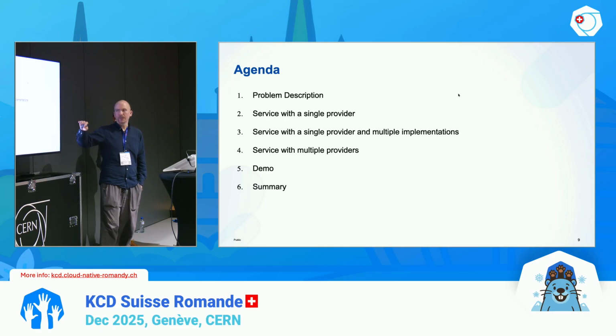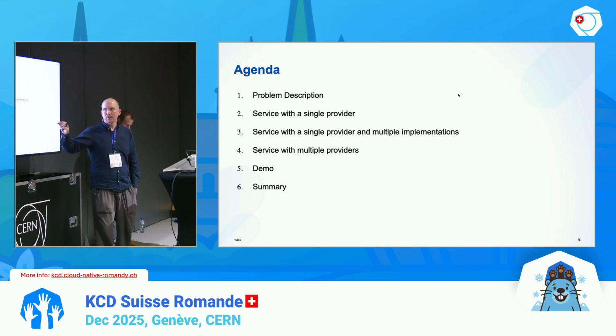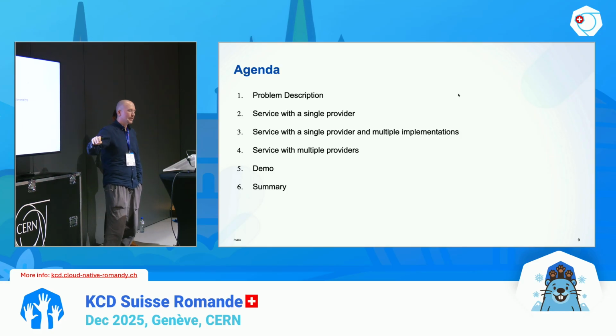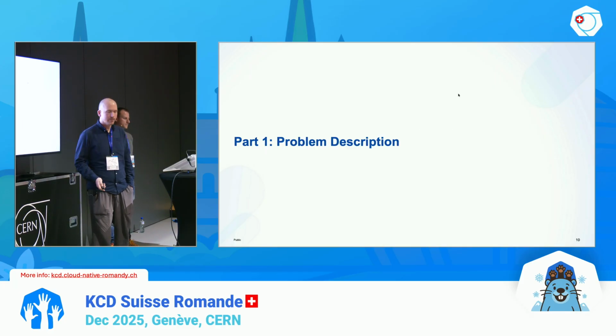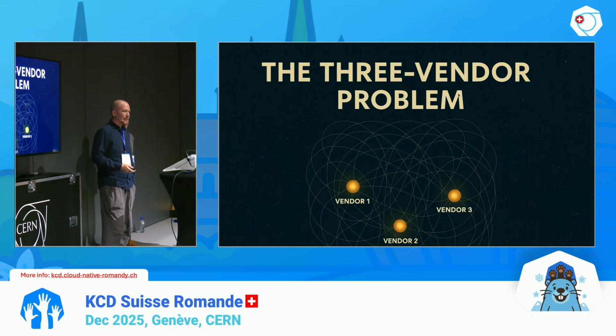Then jump into how to possibly implement multiple providers serving the same service API. Then we have a little demo prepared where we show what is already possible with KCP today, and then we are wrapping it up. So, problem description, the three vendor problem.